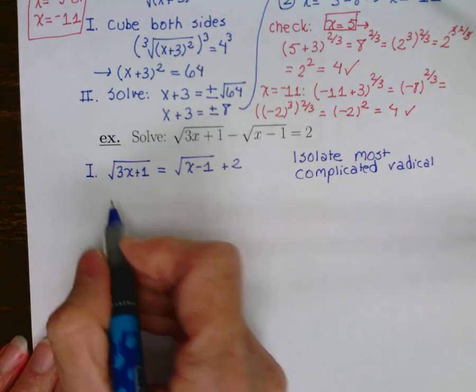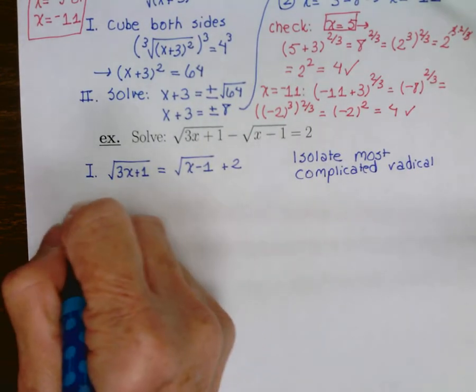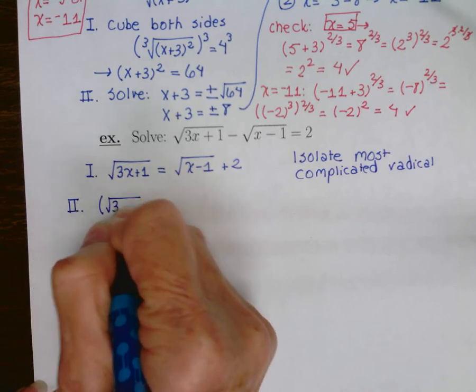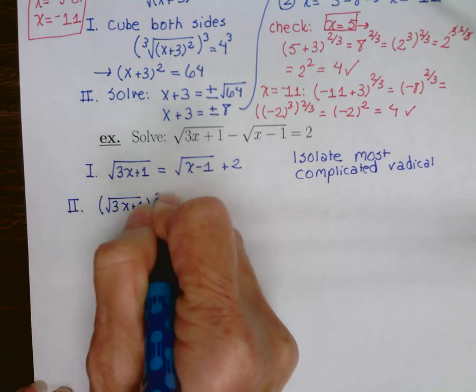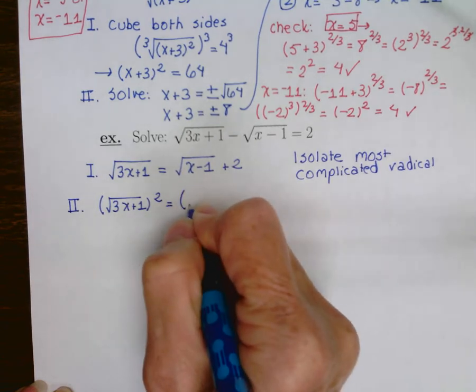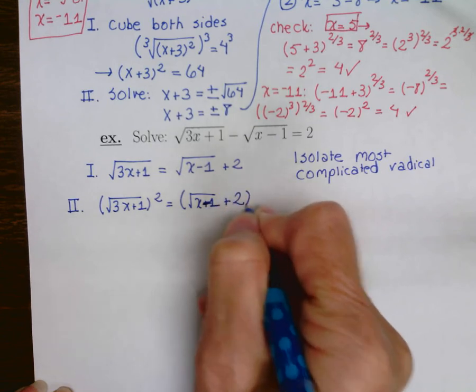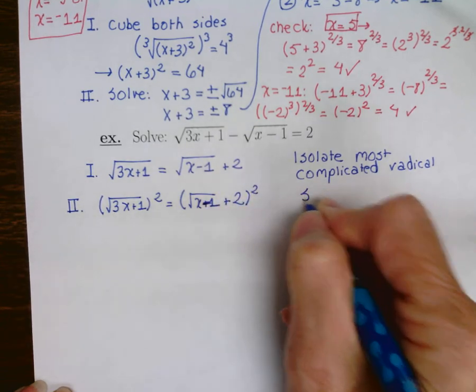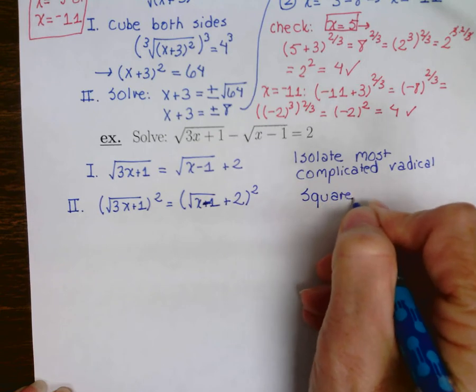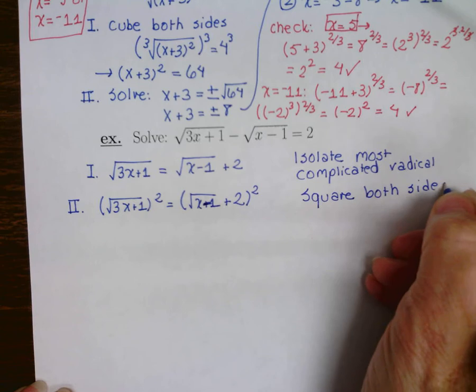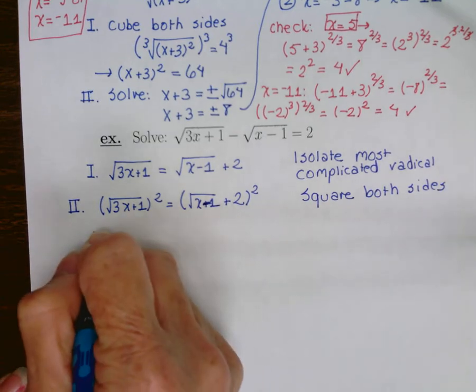Okay, now this again, we have square roots, so we're going to square both sides. The right side is the square root of x minus 1 plus 2, the quantity squared. And on the left-hand side, we're good.